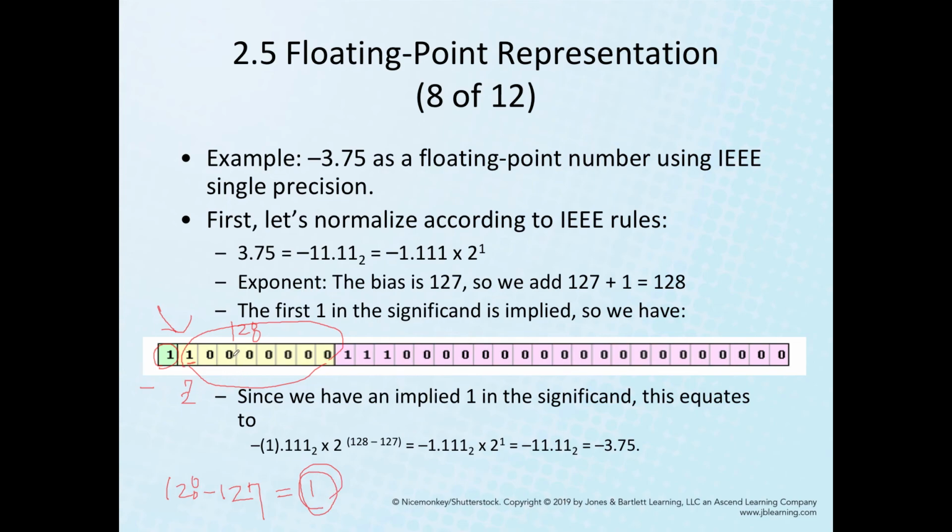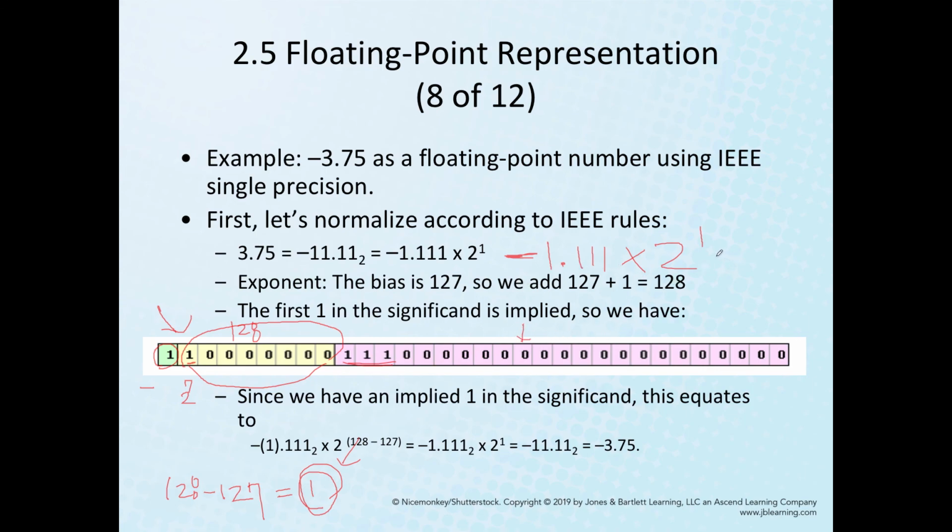So the exponent is 1. The value being represented is minus, and the significand we are going to find. The significand bits are 111, and in IEEE the 1 point is always implied, and 111 is only the fraction part. Times 2 to the exponent, the base is always 2 and the exponent as we computed is 1. So that's the value being represented.